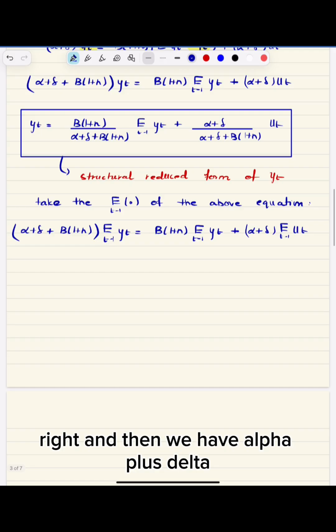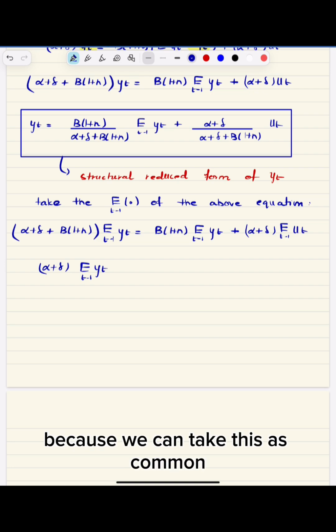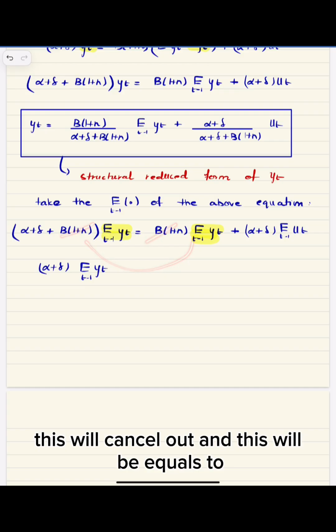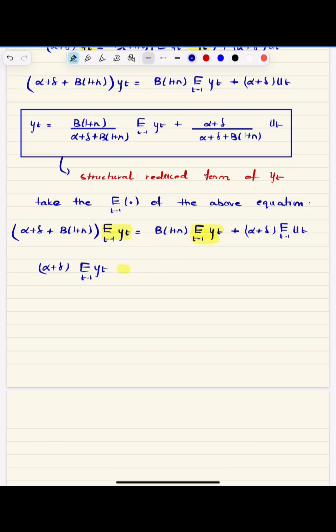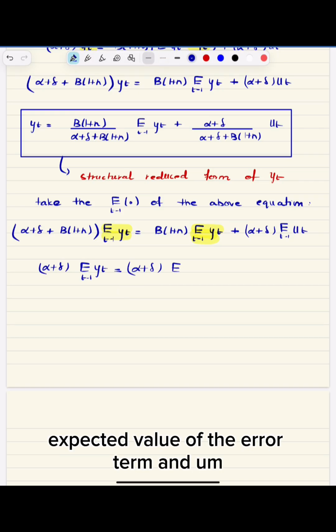And then we have alpha plus delta expected value of output, because we can take this as common, and when this goes there, this will cancel out, and this will be equal to alpha plus delta expected value of the error term.